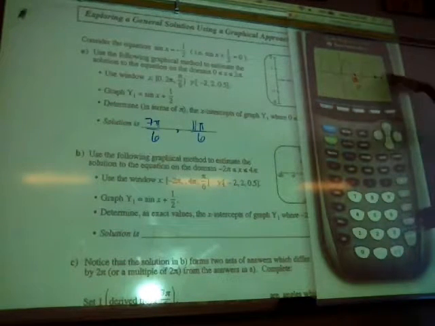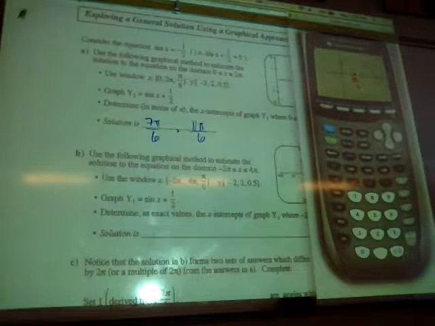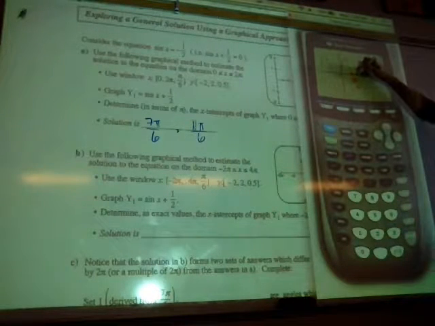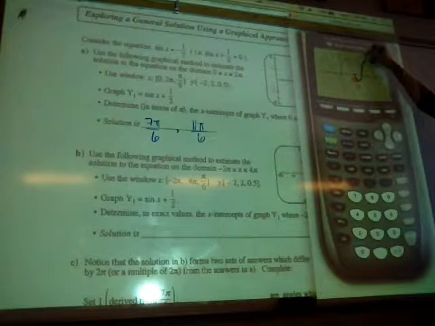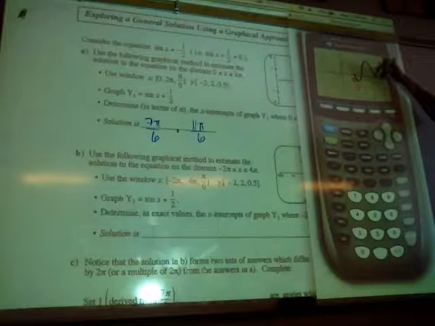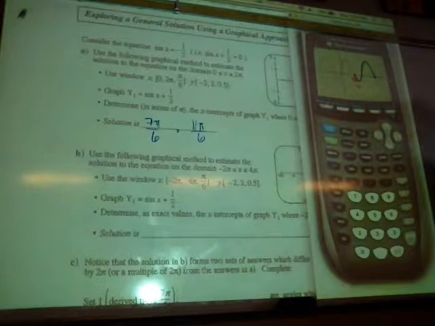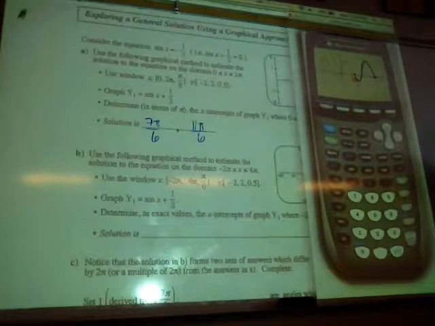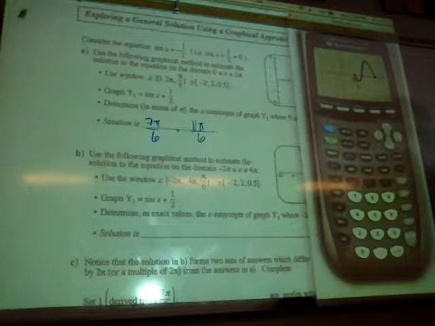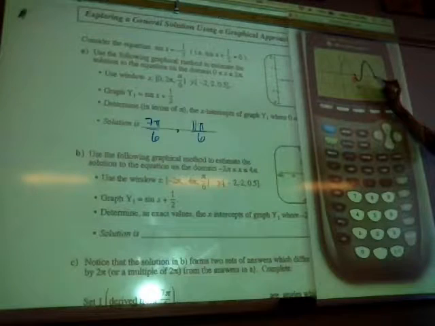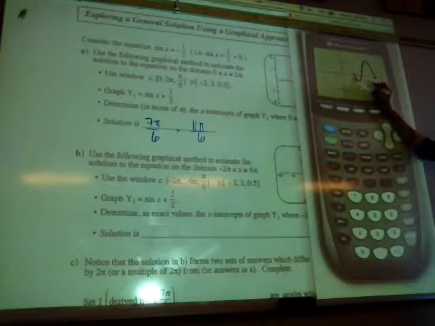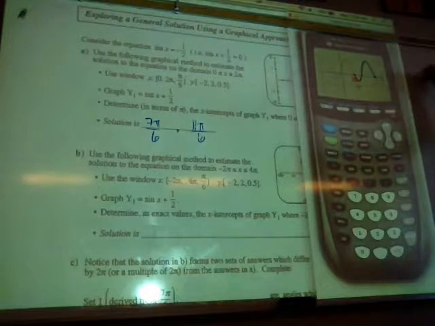So let's just look at 7 pi over 6. If I were to go through one period, I would end up here. Okay, what is the period of the sine graph? 2 pi, right? So basically the new x-intercept will be 7 pi over 6 plus 2 pi.